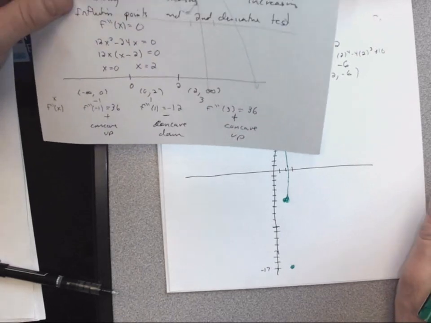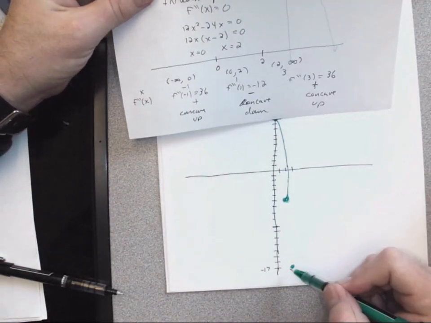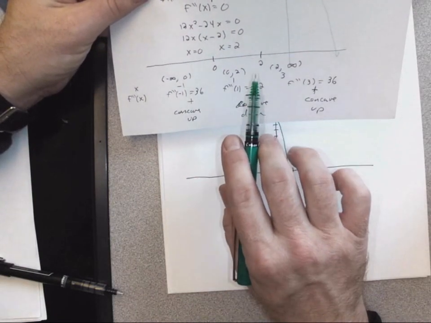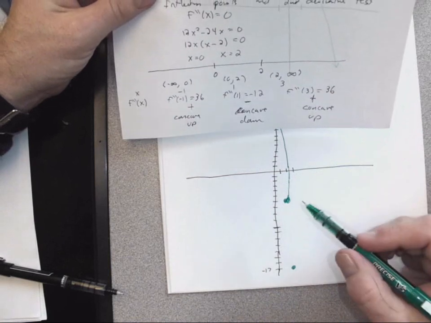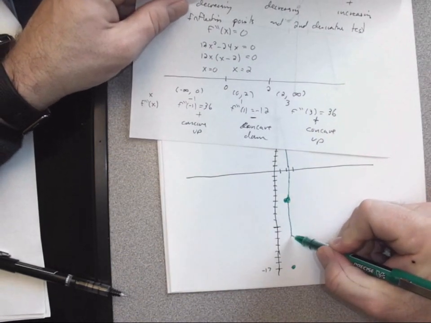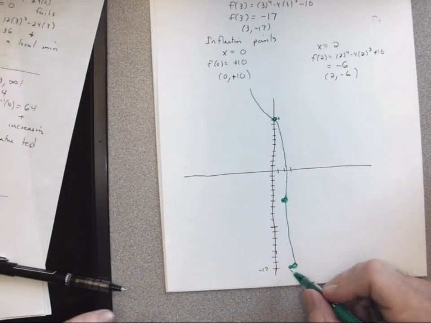Messy, okay? And I know that it's going to be decreasing from 0 to 3, so it's still going to decrease to hit this. It's got to. And once I'm beyond 2, it's going to be concave up. So it's going to be decreasing concave up, so it's going to look like this. I'm going to pull these points a little farther apart so you can see them.